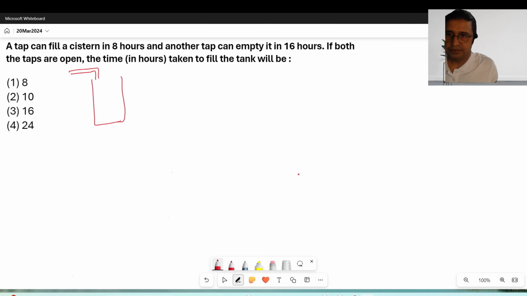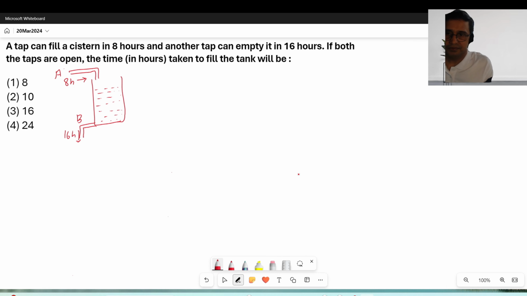This is filling it, and there is another tap. This is emptying it. This is taking 8 hours to fill it, and this is taking 16 hours to empty it. Let us say this tap is named A, and this tap is named B. This much information is given in the question.